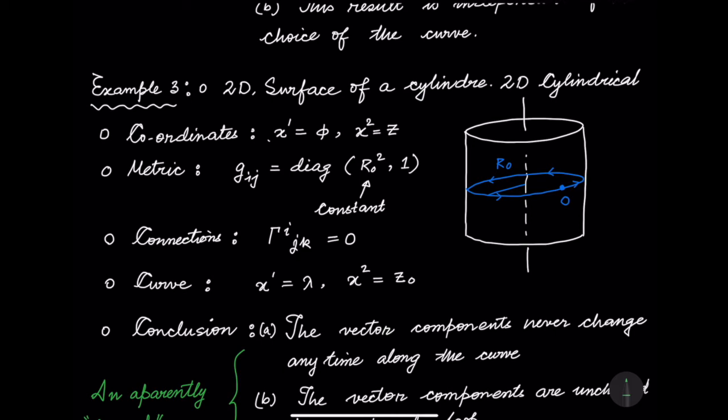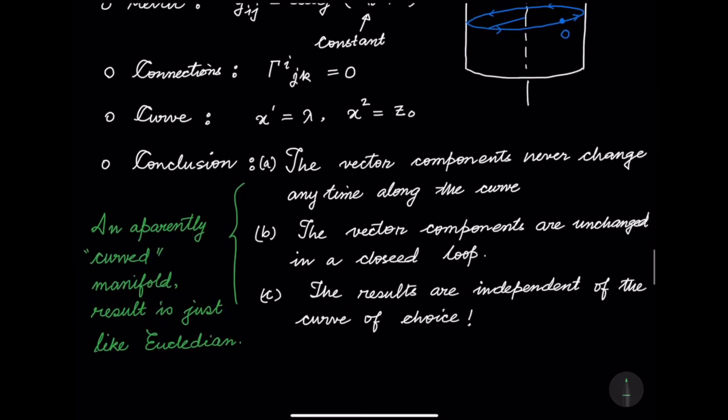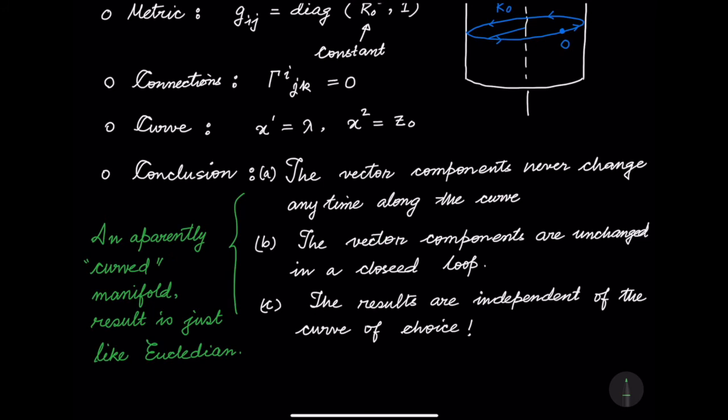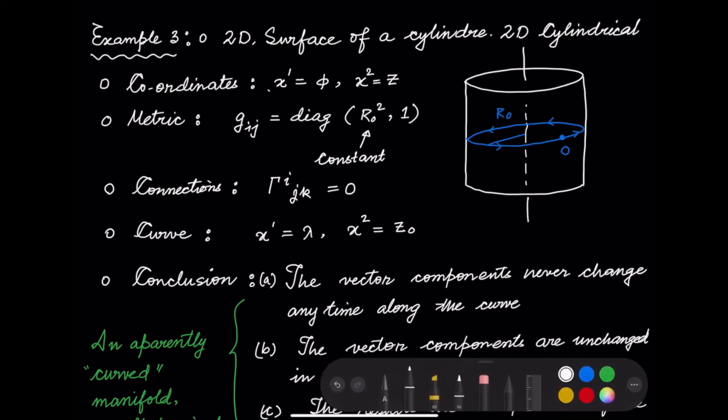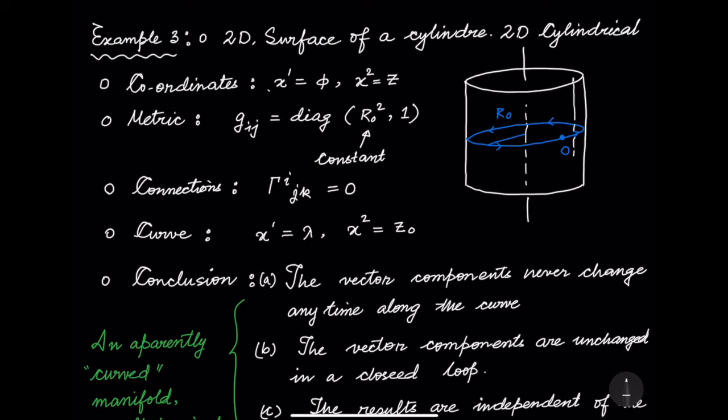It follows a kind of circular thing. But why is it that it shows the exact same result for this particular experiment as that of a 2D Euclidean space? Well, there is one interesting observation here. If I take this and just cut open from here and make the surface of the cylinder flat, it will just look like a Euclidean manifold.